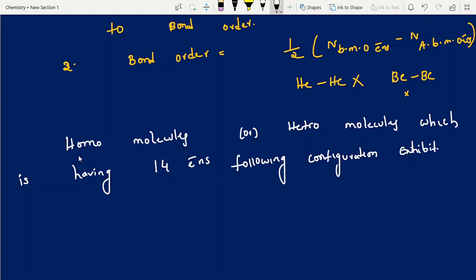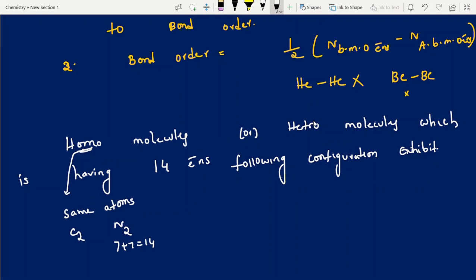What is a homo molecule? First of all, homo is nothing but same atoms, same elements. If you look into the N2 molecule, 7 plus 7, 14 electrons, right? Both are nitrogen. Carbon also, having 14 electrons and less than 14 electrons, you can write that too, students.